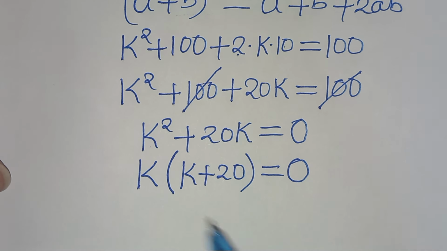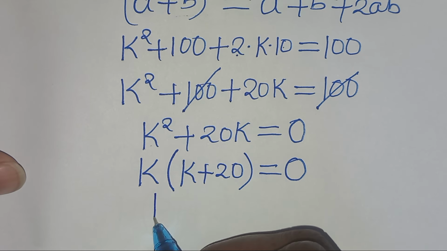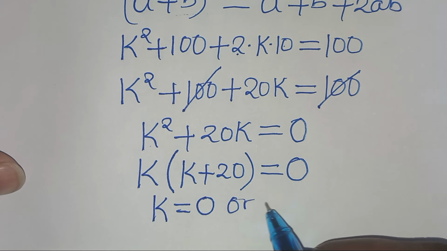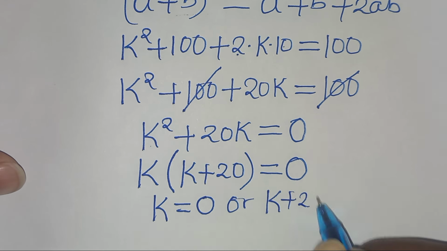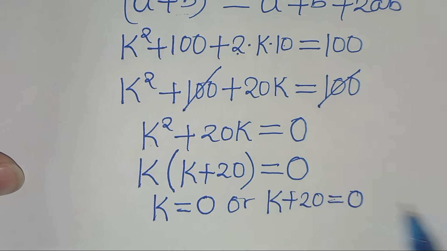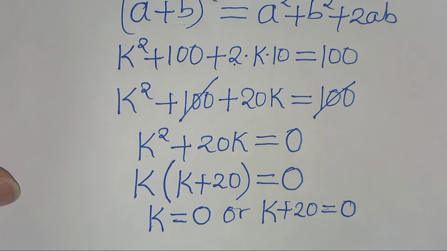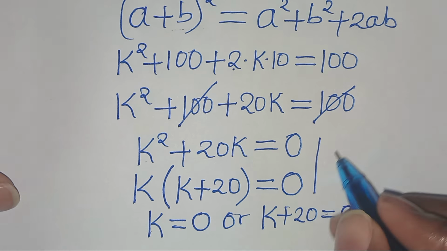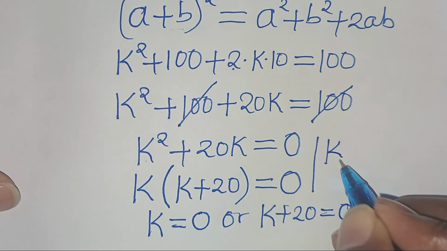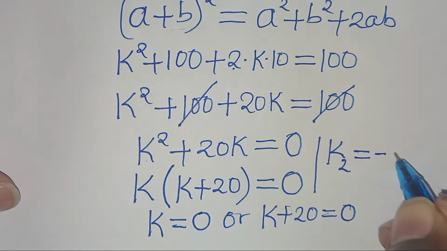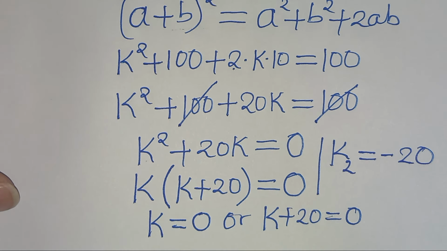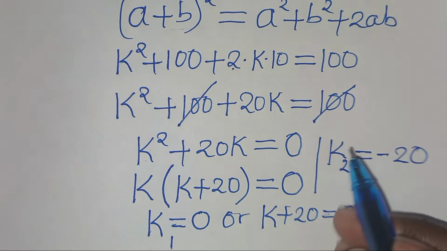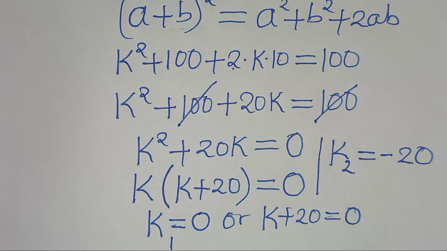This implies that k = 0 or k + 20 = 0, so k2 = -20. So now we have k1 = 0 and k2 = -20.